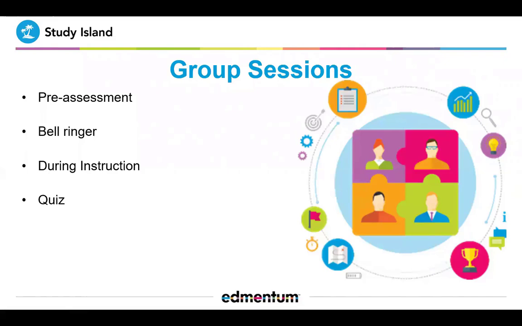This is great if you want to plan further instruction, to assess what kinds of questions your students need help with, to determine if your instruction on a lesson is resonating. If you're using it during instruction, you can see if your students are grasping what you're teaching. It's also good for identifying gaps for certain students and to differentiate and create groups.